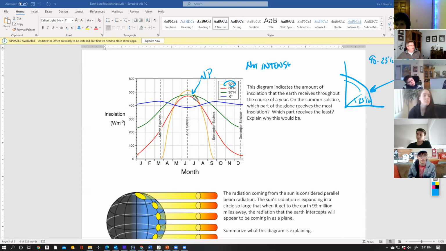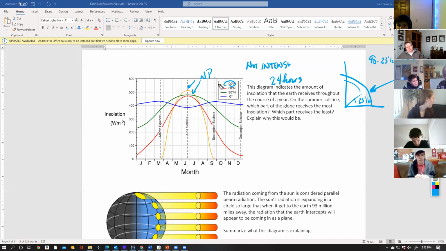But what's the length of day at the North Pole? It's 24 hours. So it's not that intense, but it's long. So the North Pole actually gets the greatest amount of insolation of anywhere else on the Earth on the summer solstice because it's sunlight for 24 hours.